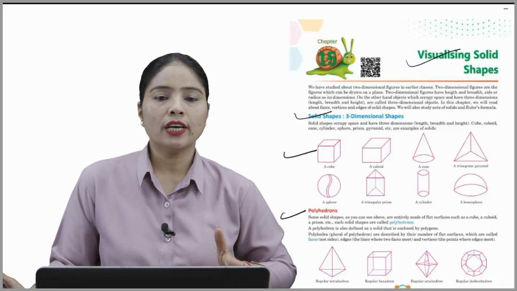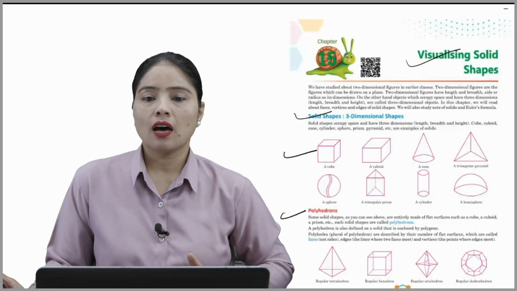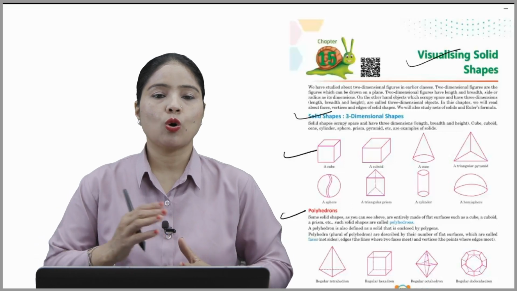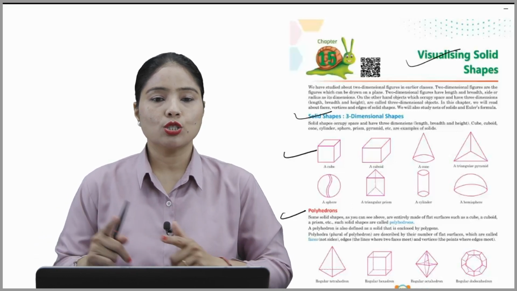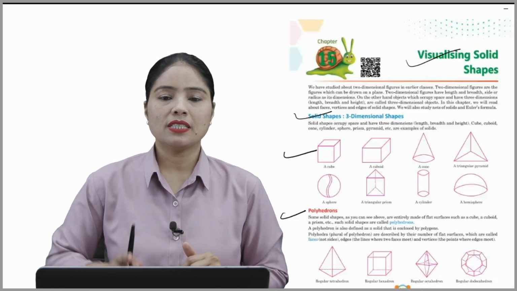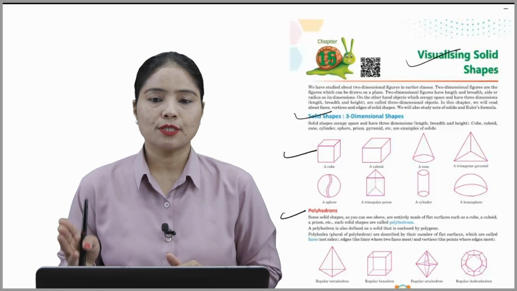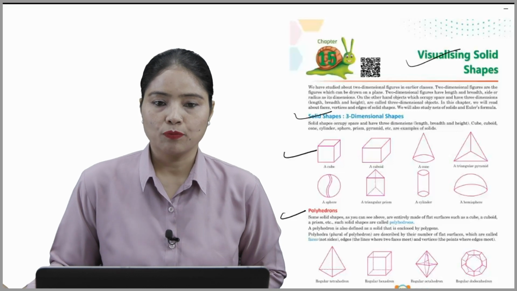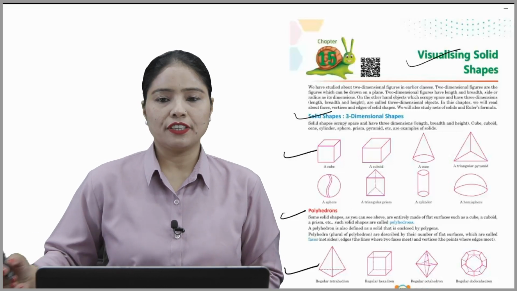Polyhedrons, the plural of polyhedron, are described by their number of flat surfaces which are called faces, not sides. Edges means the lines where two faces meet, and vertices means the points where edges meet, beta. So these are the figures, beta.